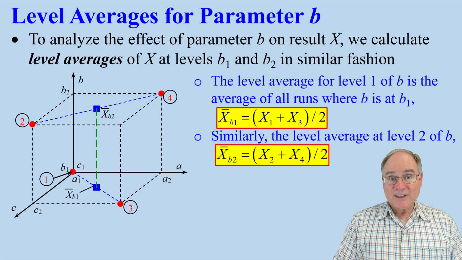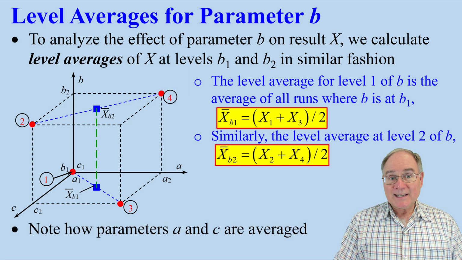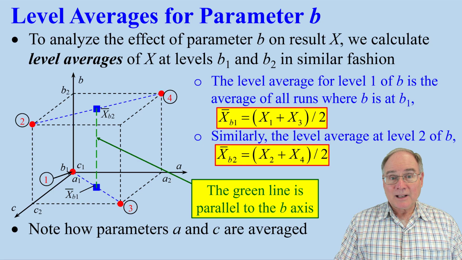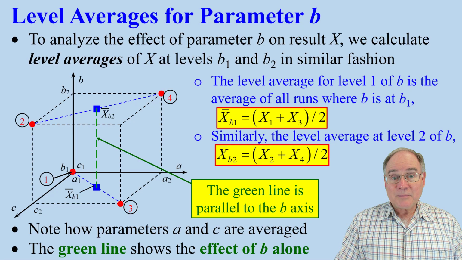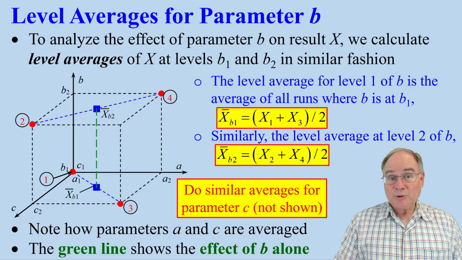We do a similar thing at the top to get x B2 average, using points 2 and 4. Notice how parameters A and C are averaged in this case. The green line is again parallel to the parameter, which here is parameter B. So the green line here shows the effect of B alone on X. You can do a similar thing for parameter C, which I don't show here.